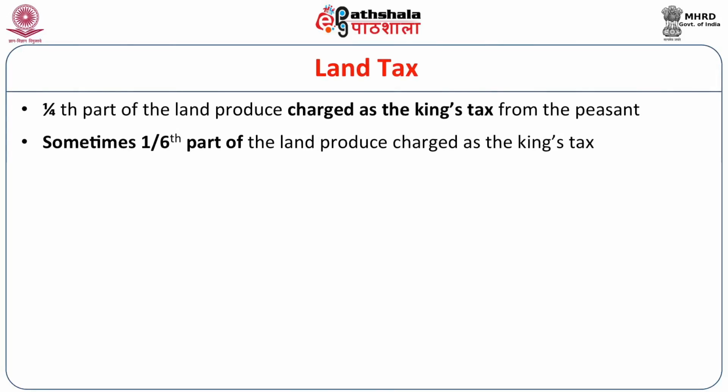Very clear? What the peasant produced, 1/4 part of the produce was to be given to the king, and sometimes it might have been 1/6 part of the production.